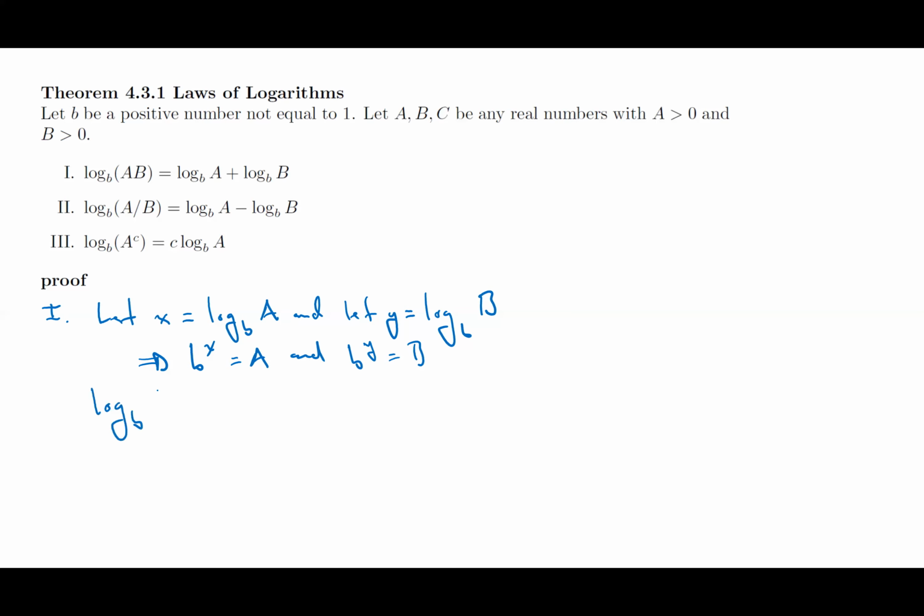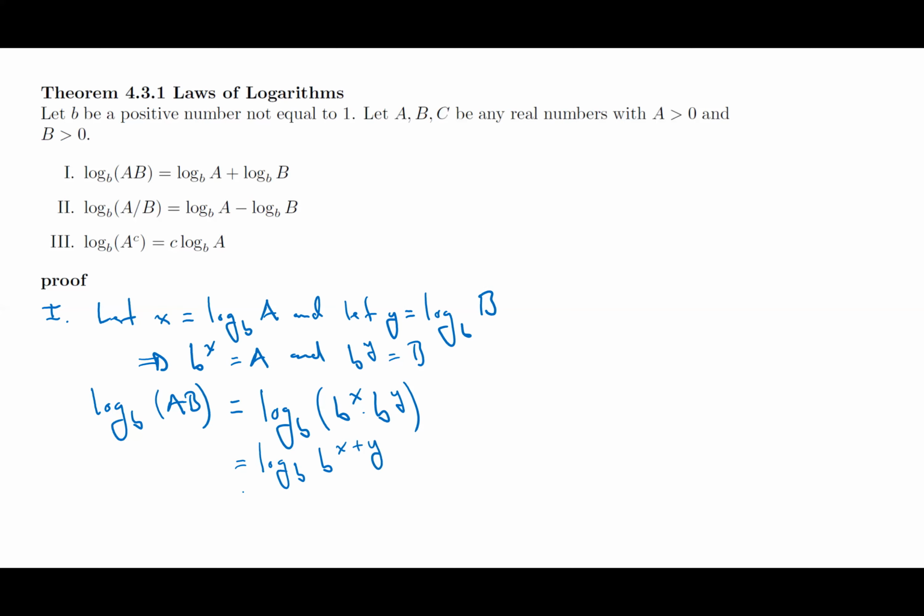And so let's see what happens with our product. Log base b of ab equals, well, log base b of, what did we say a was? Oh, b to the x. And what did we say capital B was? Oh, b to the y, which is log base b of b to the x plus y.